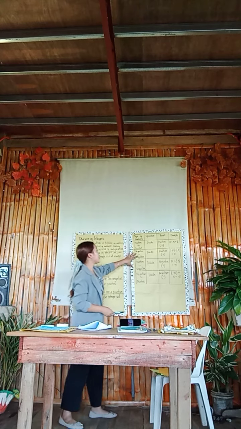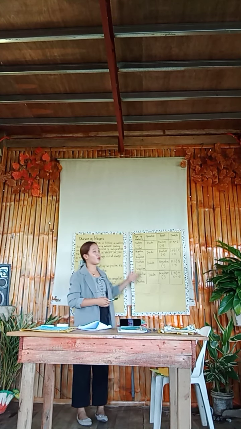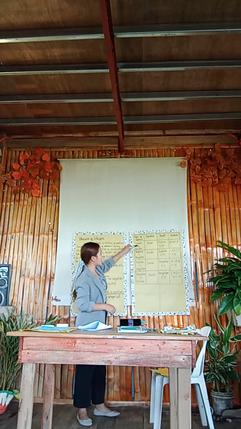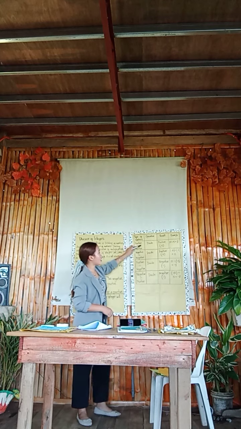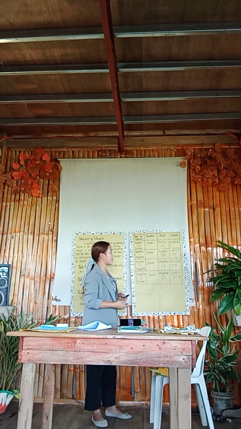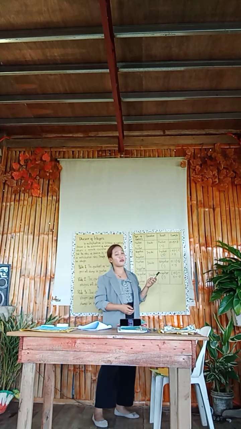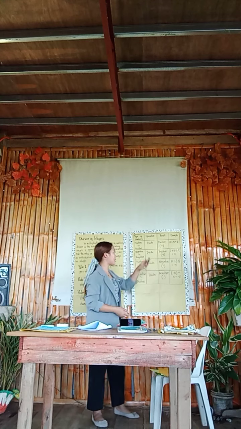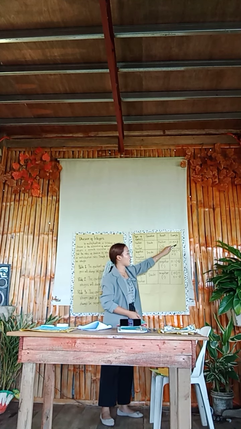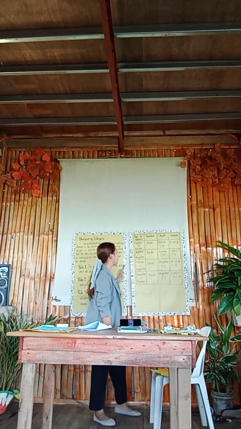And here is the table to make everything clear because it has examples. Types of numbers, positive divided by positive, the operation is divide, then the result is positive. And how do we get it positive? Because positive divided by positive is always positive. Here is the example. Positive 10 divided by 5 equals positive 2.